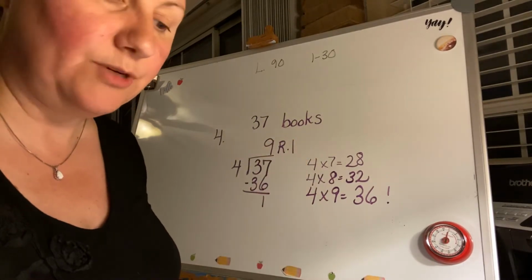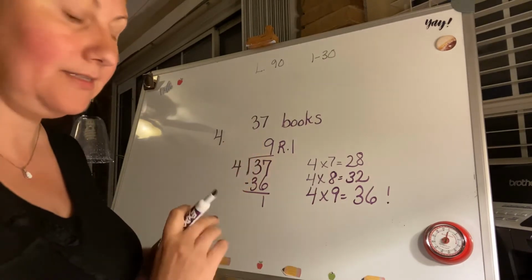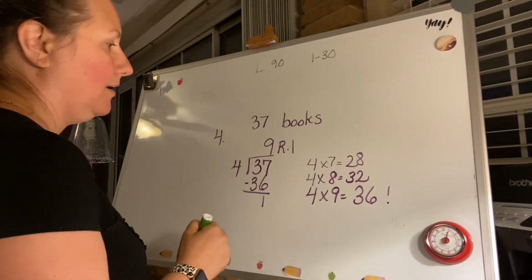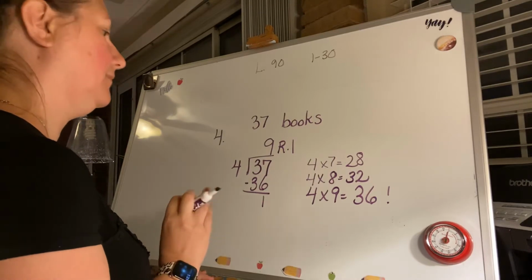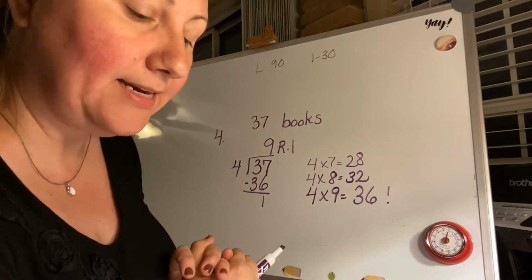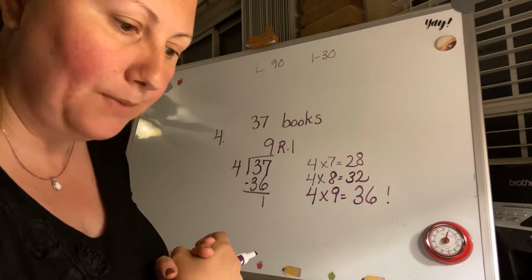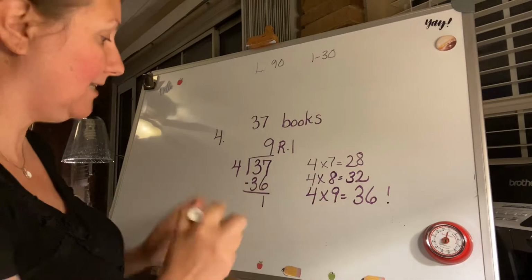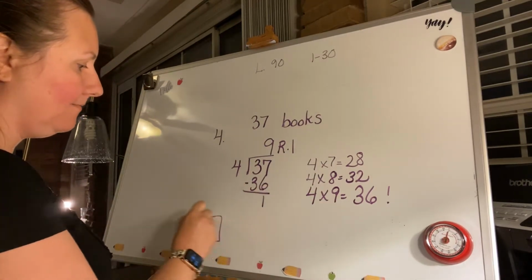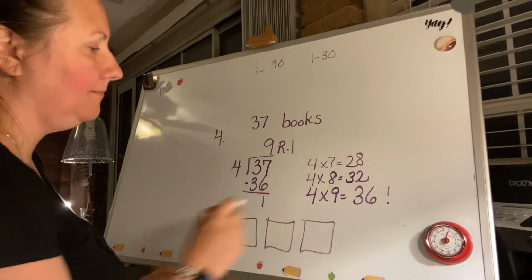And the question was, how many stacks had exactly 9 books? Well, let me read that again. How many stacks had exactly 9 books? There's 4 stacks all together, right? 1, 2, 3, 4.